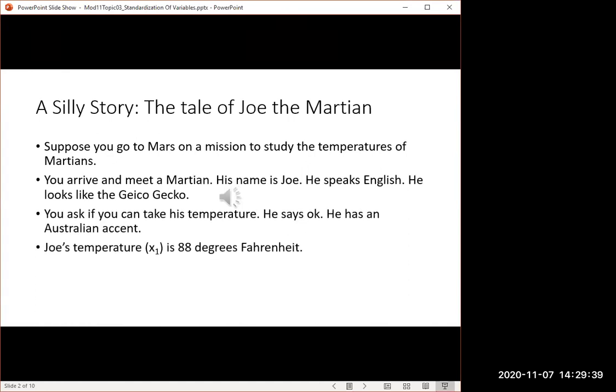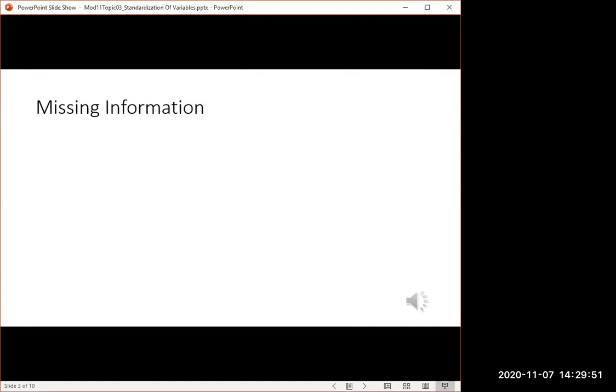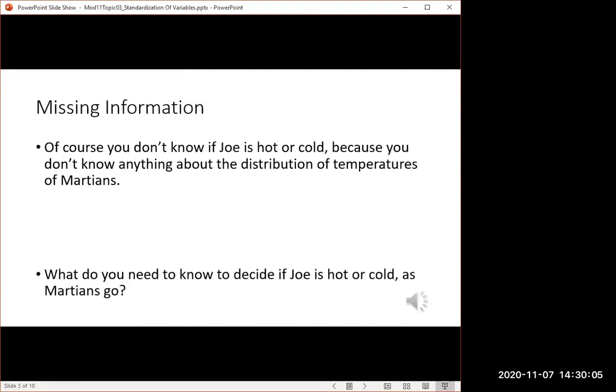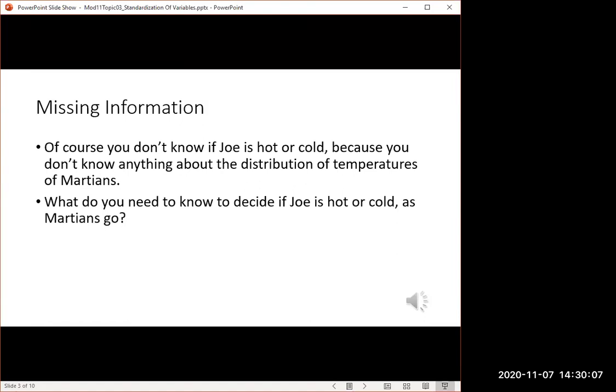So, if that's all I tell you, then based on your knowledge of Martians, is Joe a hot or a cold Martian? Of course, you don't know, because if you're like me, you don't know anything about the distribution of temperatures of Martians. So there's missing information. What would you need to know to decide if Joe is hot or cold?